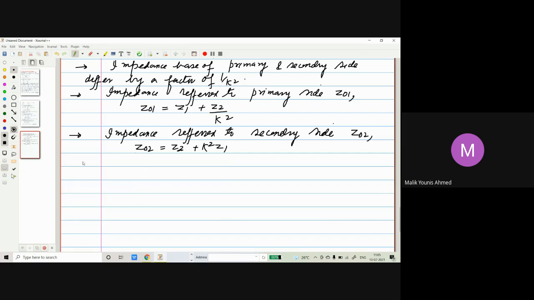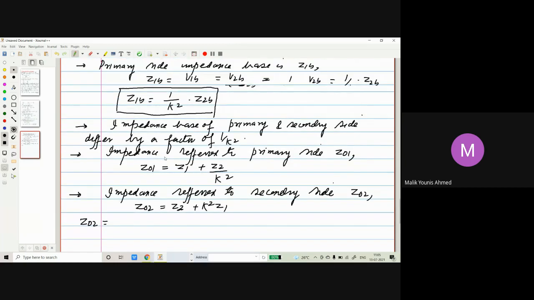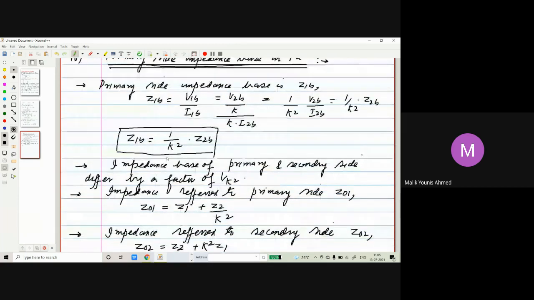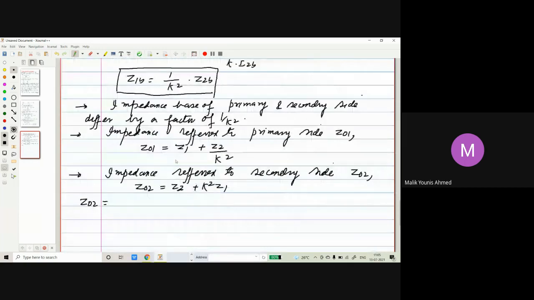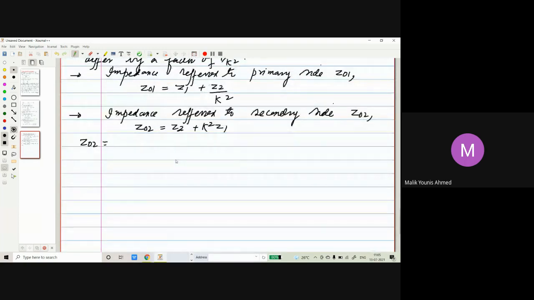So I can further write this Z02 as Z2 plus K square Z1. Z2 can be written as we have written above.